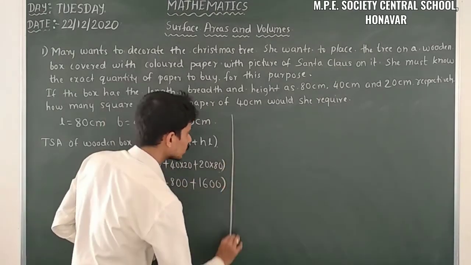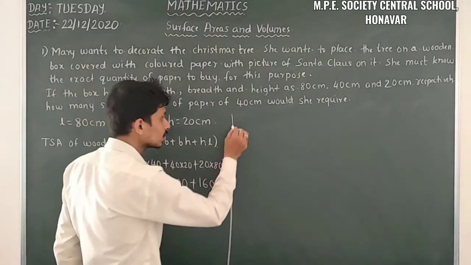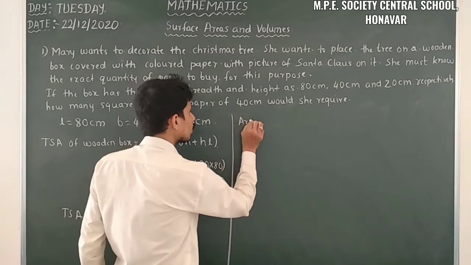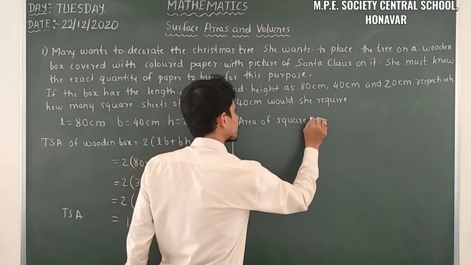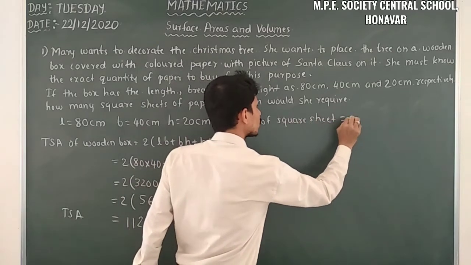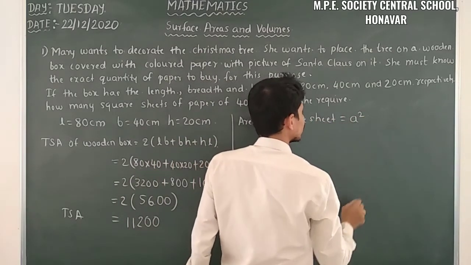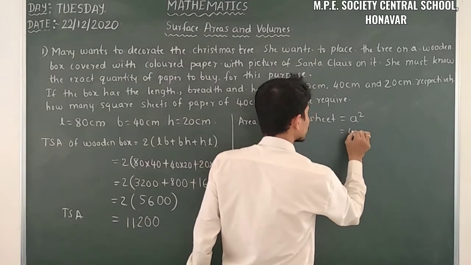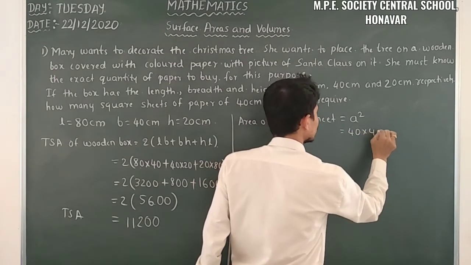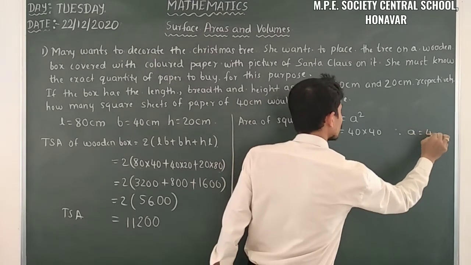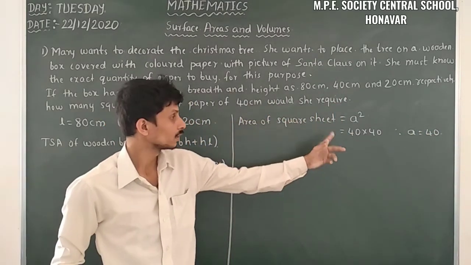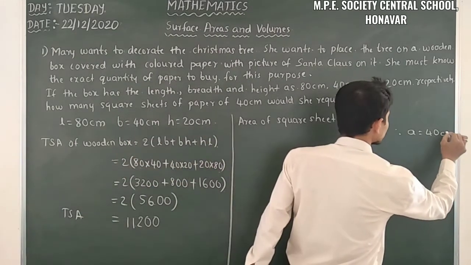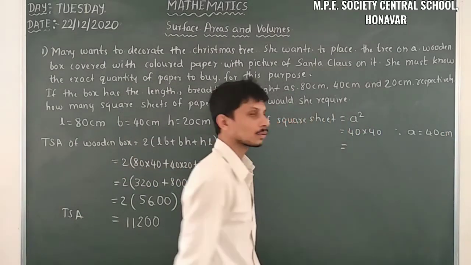The value of A is equal to 40, it is given. So area of square sheet is equal to A square, that is 40 square, which is 40 into 40, because A is equal to 40 centimeter.